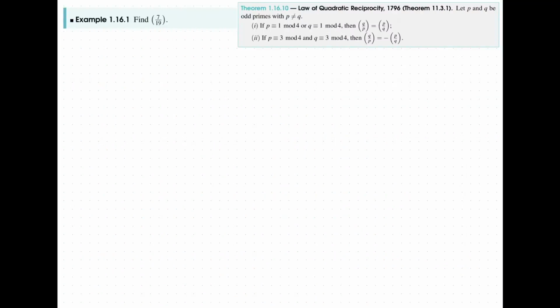So let's go ahead and finish off with a computational example. So what if we wanted to know if 7 was a perfect square modulo 19? Is 7 a quadratic residue of the integers modulo 19? What can we do?